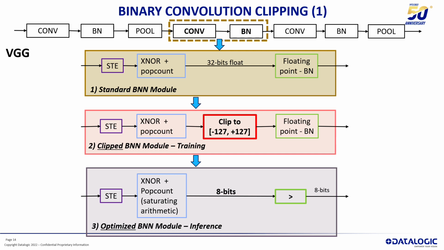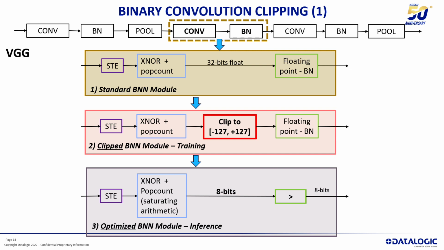Here, for the VGG model, we can see in block number 1 the current solution of the binary neural networks. In red, we inserted a clipping operation during the training phase. This is different from the post-training quantization, because here we are injecting during the training phase the constraint to compress the data inside the sweet range of 8-bit quantized values.